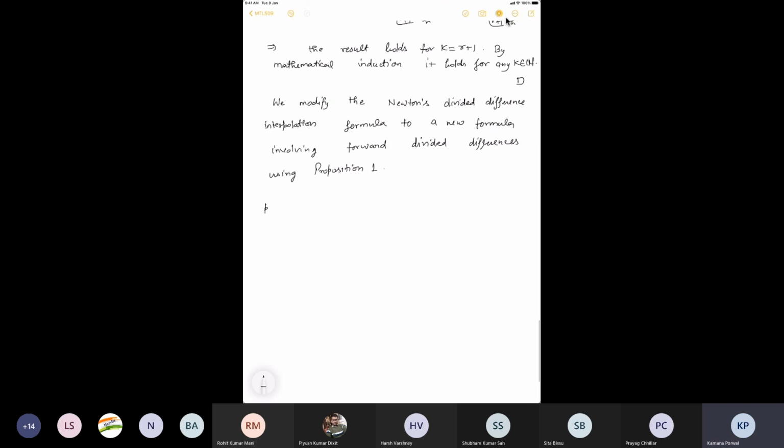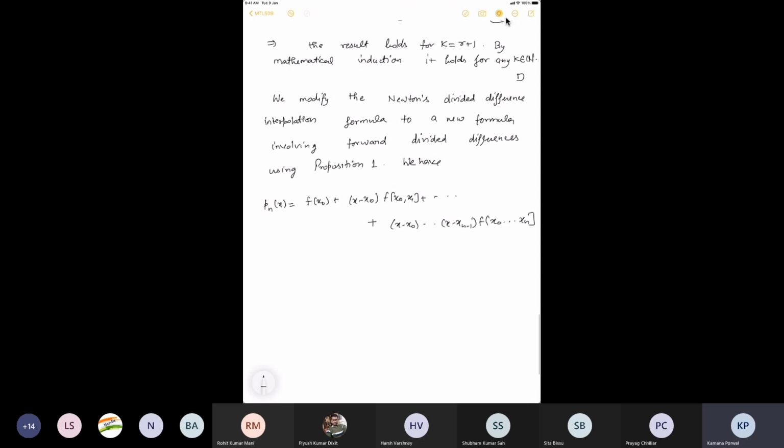So we have P_n(x) as f of x naught plus (x minus x naught) f[x naught, x1], and the last term in this summation is going to be (x minus x naught) up to (x minus x_{n-1}) times the nth forward difference of f at x naught.